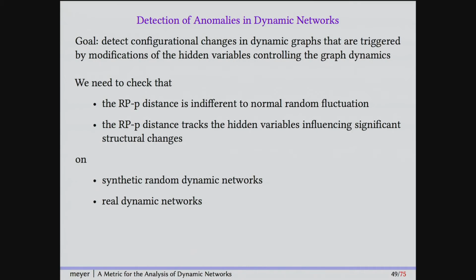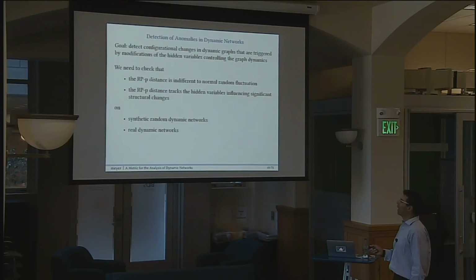We expect that if we have random fluctuations that are completely normal, the distance is going to be insensitive to that. Whereas if we have very deep structural changes that are reflective of the variables that control the growth or the shrinkage of the graph, we want our distance to pick that up. And so we've done experiments in synthetic dynamic networks as well as a real network.